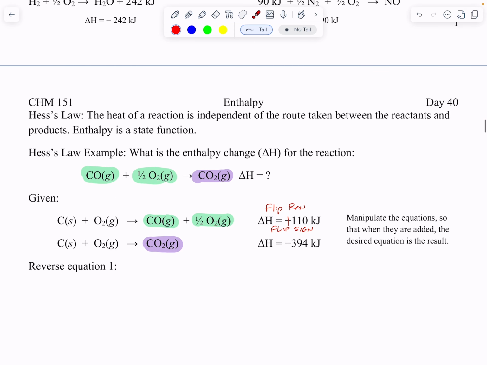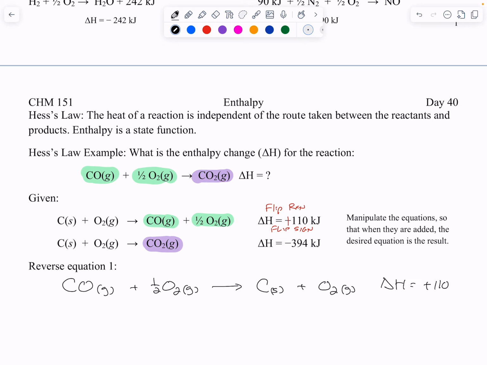So if I reverse equation 1, I get CO gas plus 1/2 O2 gas, giving me carbon solid and O2 gas, with a delta H now of positive 110 kilojoules. If I keep equation 2 as it is, C solid plus O2 gas going to CO2 gas.